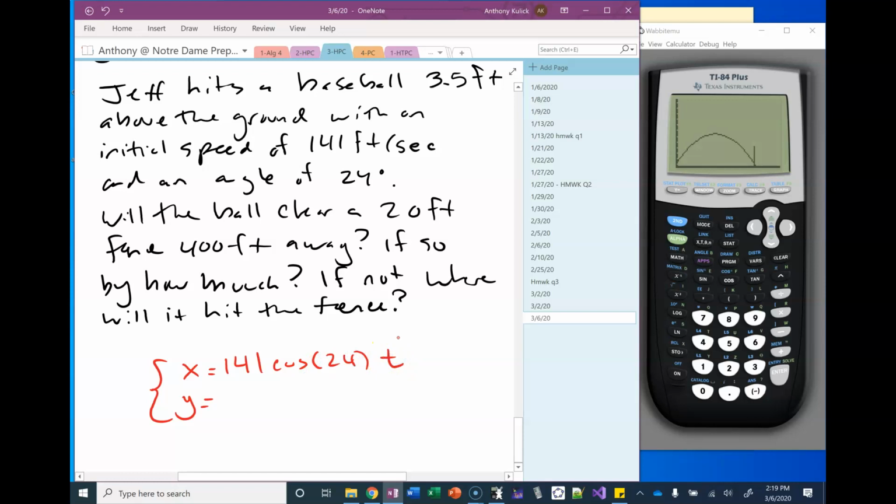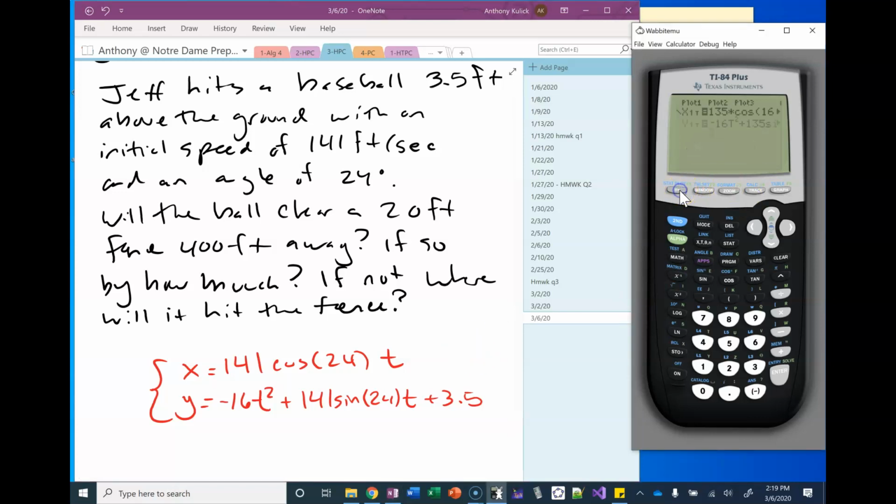Good. And how about our y equation? Okay. y = negative 16t squared plus 141 sine 24 t plus 3.5. I think you might have said cosine. Everybody's happy there.